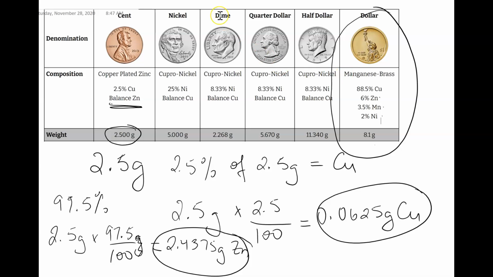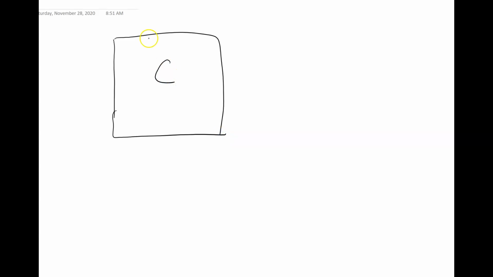So let's go on to how this relates to the compounds that we have seen and some of the compounds that we have formed. When we look at the periodic table, let's think about carbon. Remember, there was a number on top, which we called the atomic number. And then there was a number on the bottom, which we called the mass number.